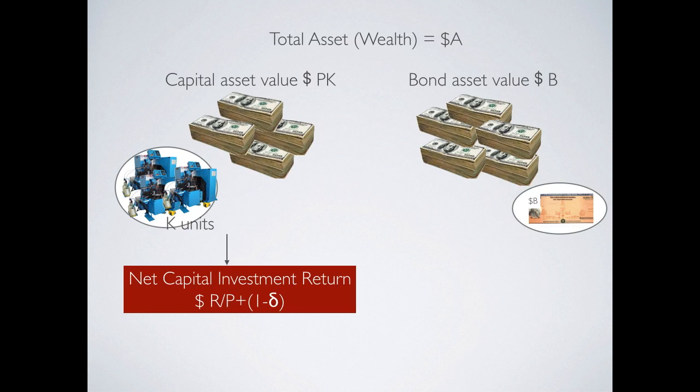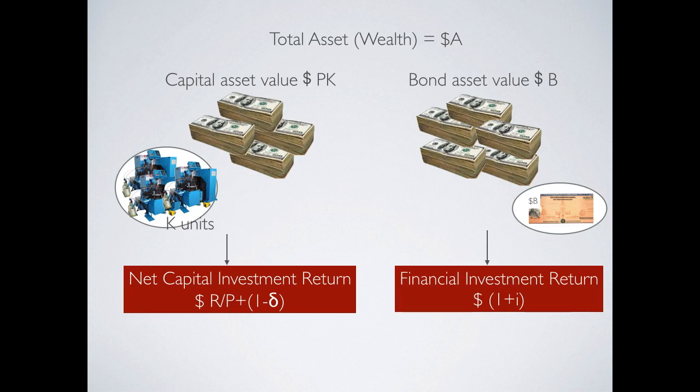Also, we know that for any $1 value you have in bonds, it would give you a financial investment return of 1 plus I. So both returns are for $1. Therefore, to understand how much money you will get in the next period from your assets, we have to multiply everything by the asset value that you have for each portfolio option.